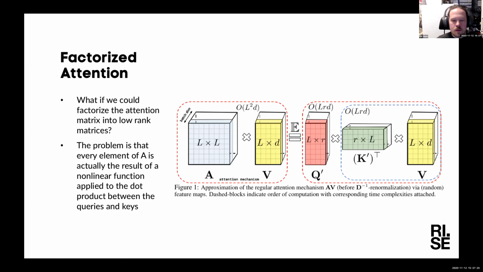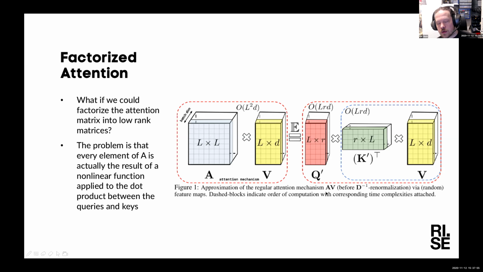So essentially, on the left-hand side here we have the issue. Now the question is, would it be possible to factorize the matrix A into two lower-rank matrices, Q prime and K prime, so that we could reorder the computation and perform K prime transpose times V before multiplying in Q prime, instead of first multiplying Q and K transpose?